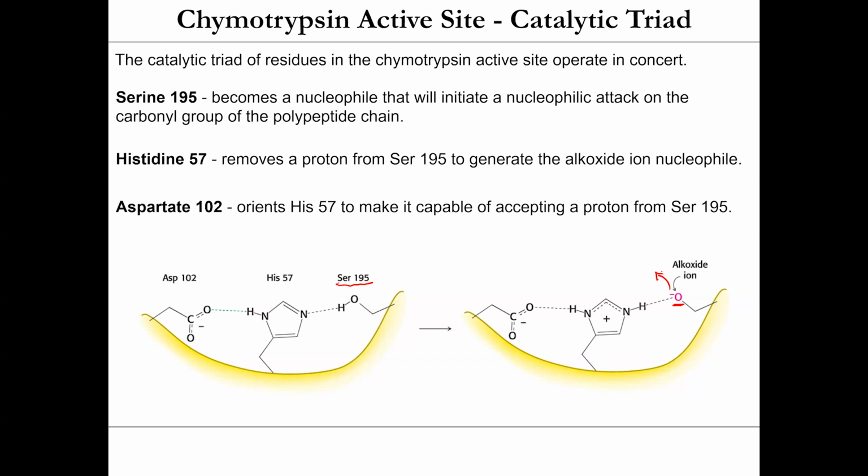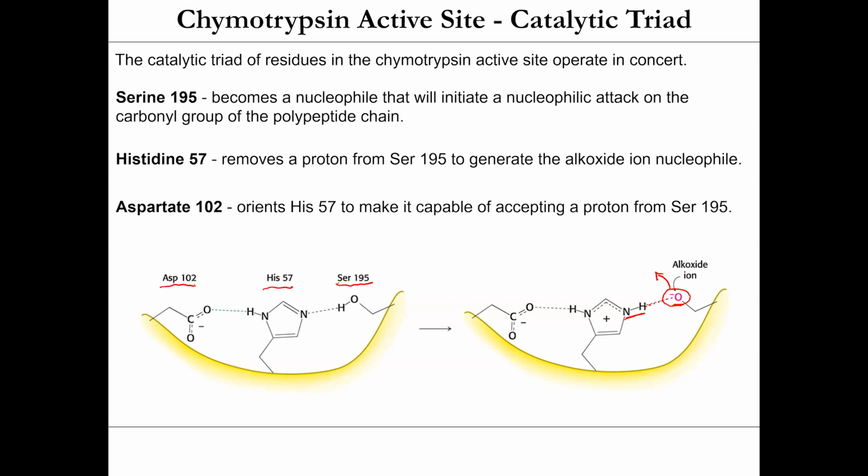What histidine 57 does is remove a proton from serine 195, and that generates the alkoxide ion nucleophile of serine 195. Serine's not as strong of a nucleophile when it's protonated, but if it loses that proton and donates it to the nearby histidine, then this is a negatively charged alkoxide ion and a very strong nucleophile that's going to be attracted to positively charged groups.